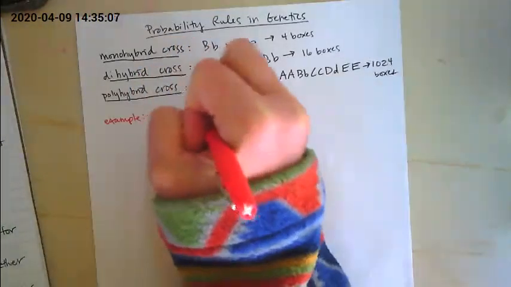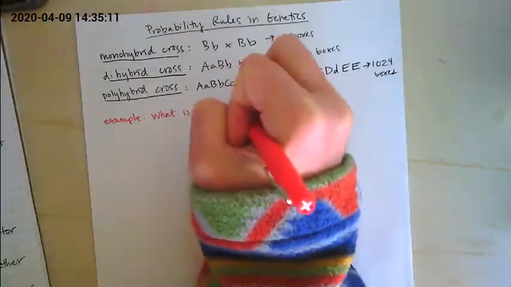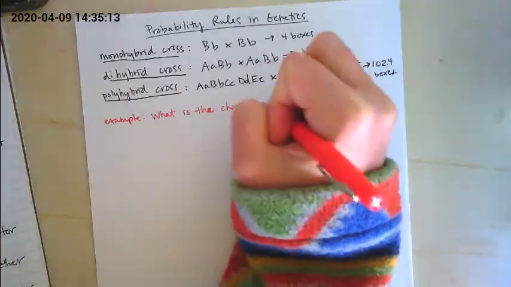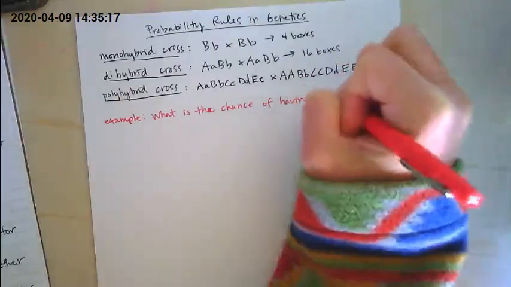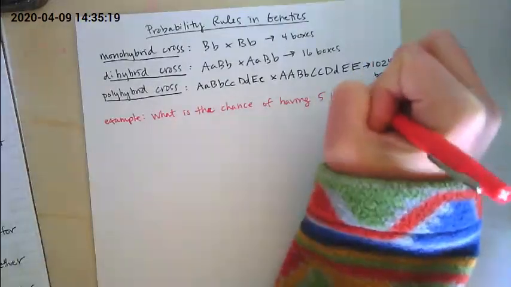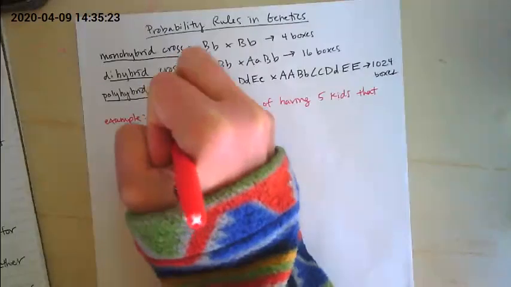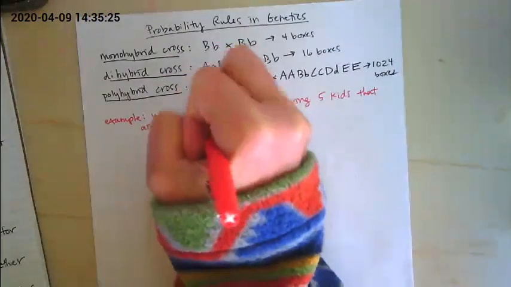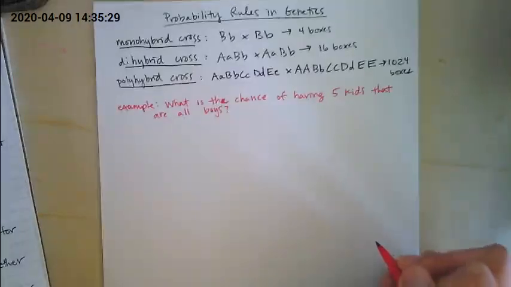So what's the chance that you have 5 kids and all of them end up being sons?